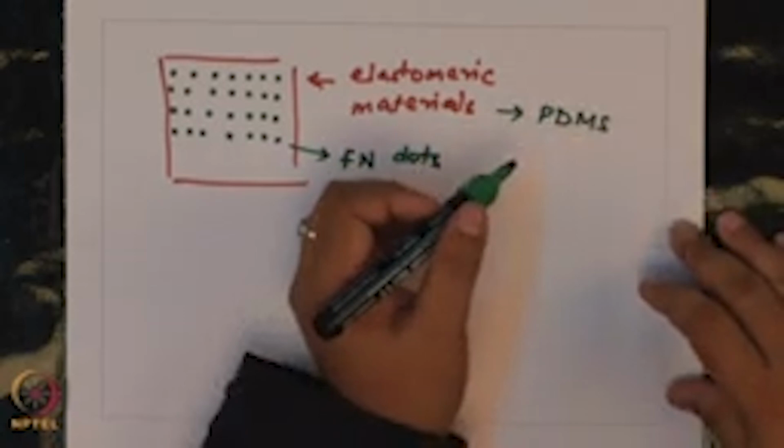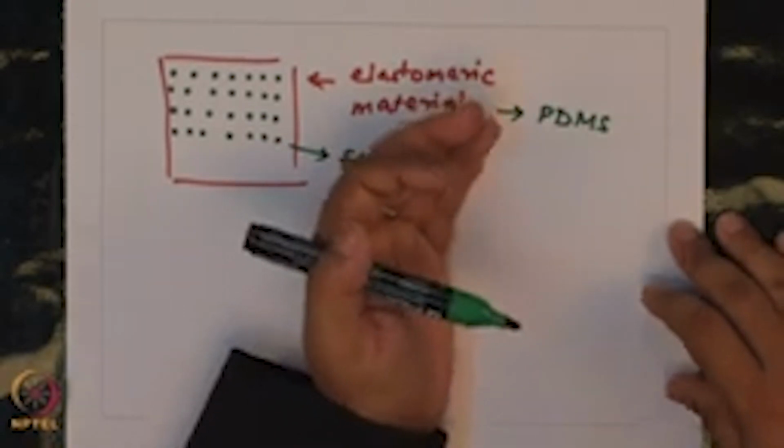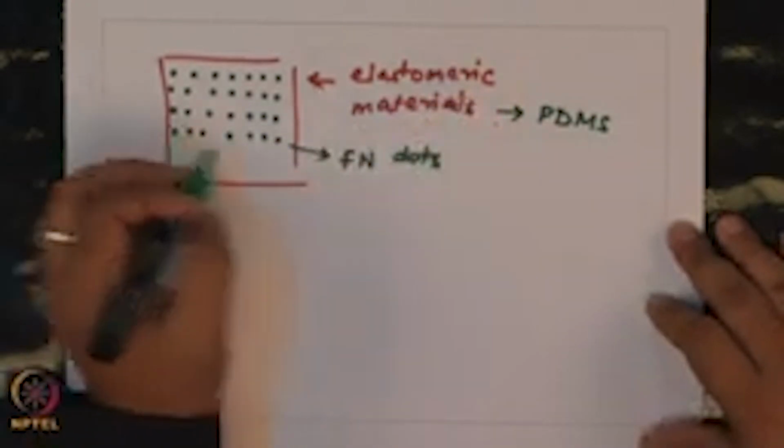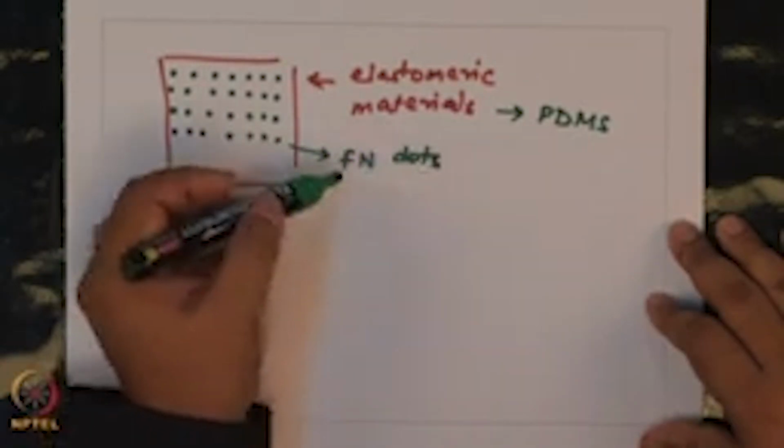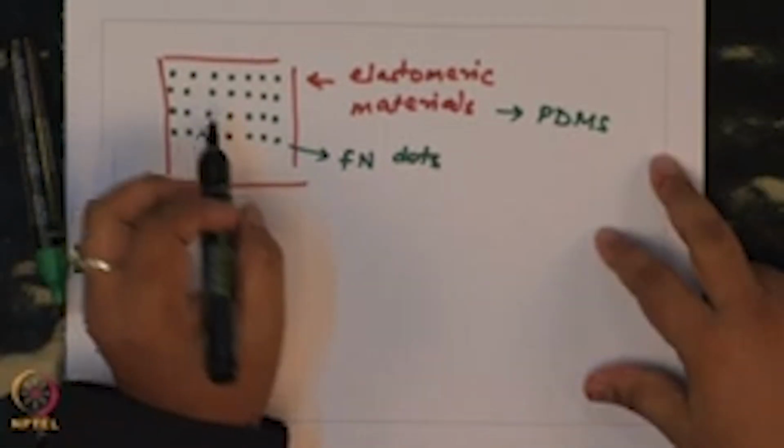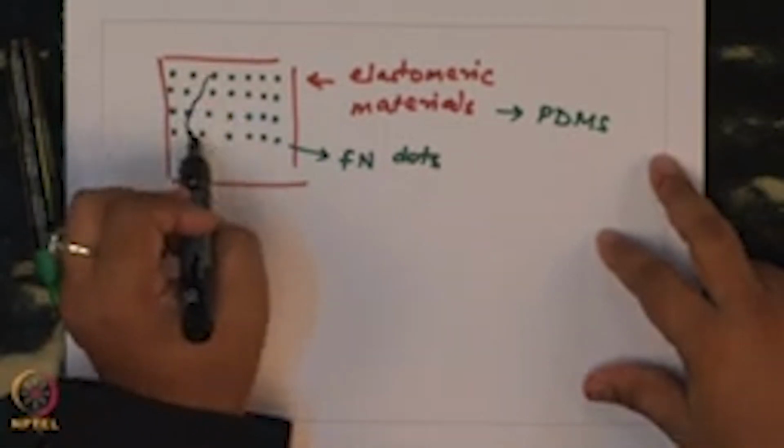is by itself inert, so cells cannot stick on this. But when you functionalize the substrate with these fibronectin dots and you plate cells, they would happily spread on these, and they will make focal adhesions at the site of contact.